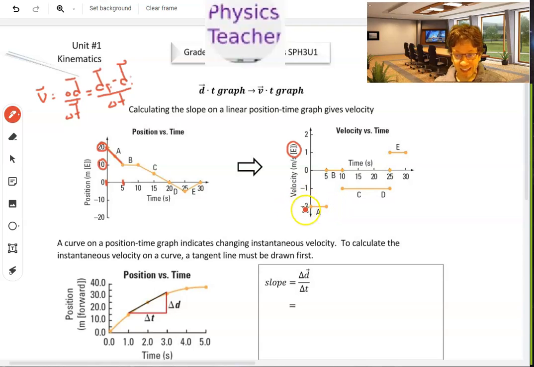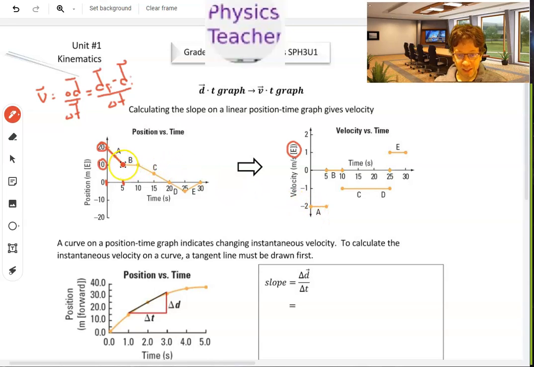Now I wrote it at -2 because if you wanted to calculate this, here you have a displacement of -10 and a time of 5. So -10 divided by 5 is -2.